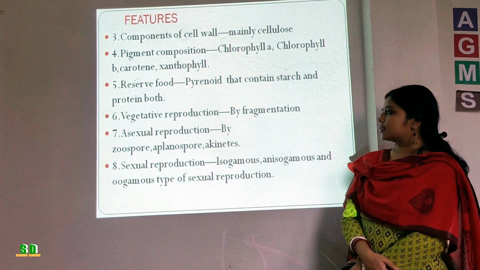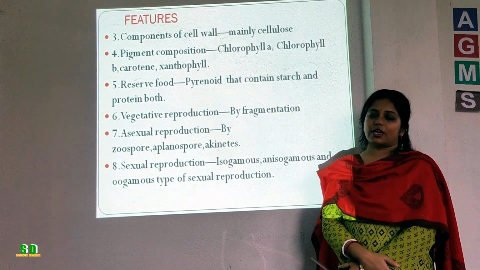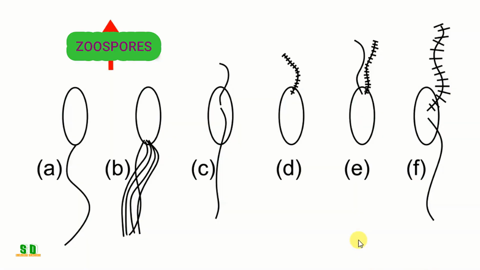The next one is asexual mode of reproduction. In Chlorophyta, we can see the asexual mode of reproduction. The asexual mode of reproduction is possible in three ways: by zoospores, by aplanospores, and by akinetes.